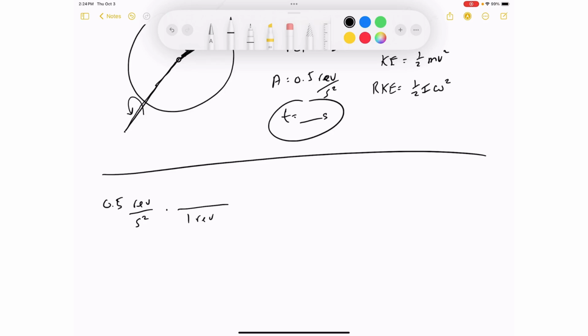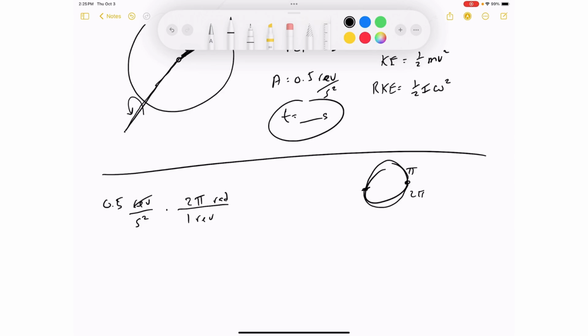If you have a circle and you start here, this from here is called pi. That's pi radians. It is 180 degrees. So if that's pi, then to make the full circle, it of course is 2 pi. So back over here, there's 2 pi radians in 1 revolution.